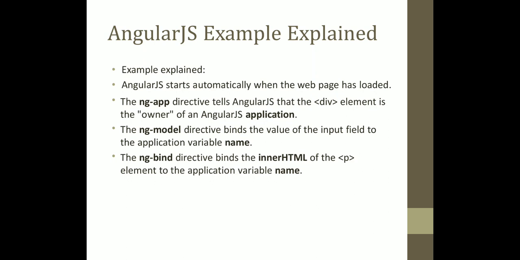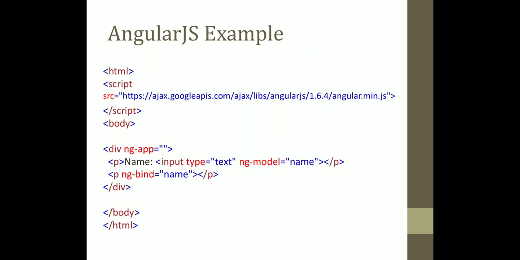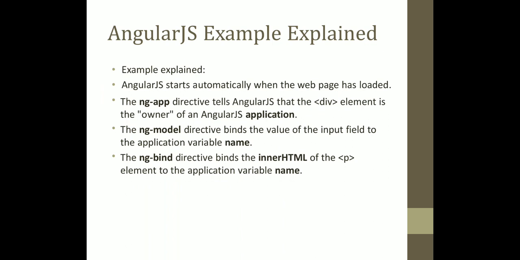Then the Angular model directive, that is the ng-model directive, binds the value of the input field to the application variable name. So the variable I have used here is the model name. Then the ng-bind directive binds the inner HTML of the paragraph element to the application variable name.